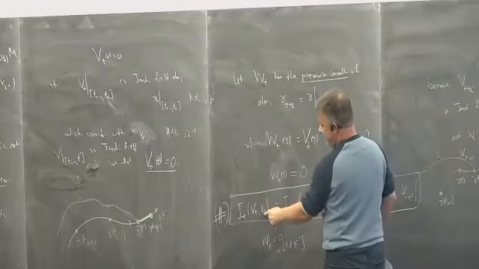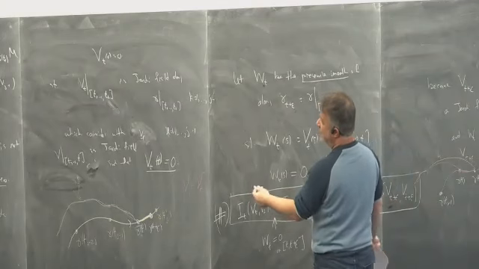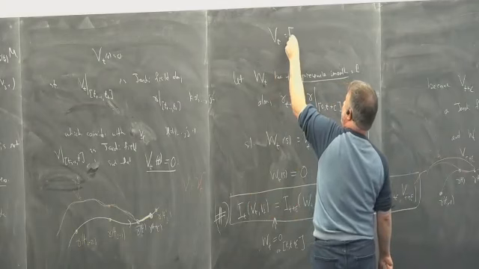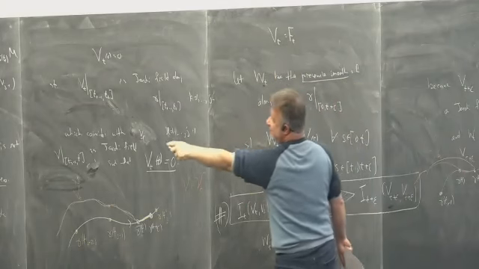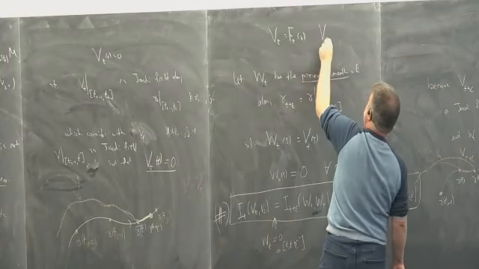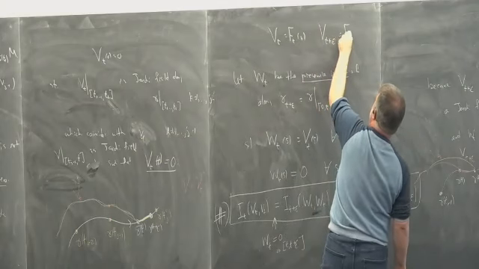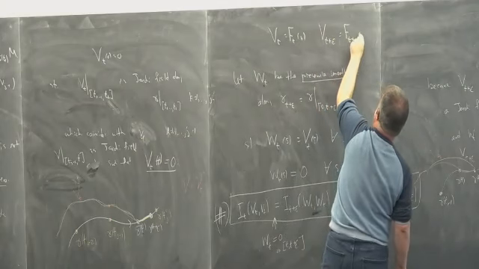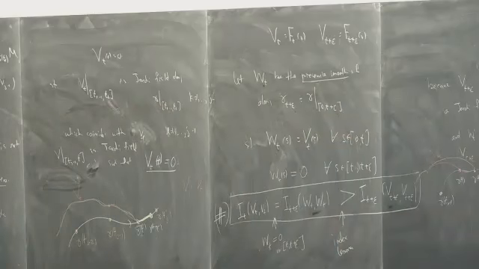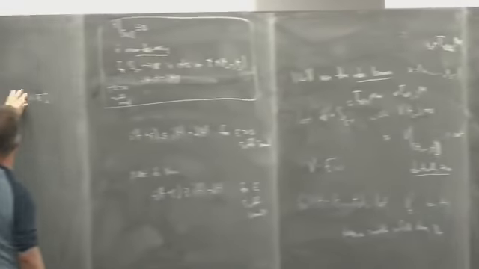And what is this really? V_t, maybe this is a better way to say it. V_t is F_t of this little v, right? And V_{t+ε} is F_{t+ε} of little v. That's more clear than what I was saying over here. So let's call this guy something else because it's not the same v, u.